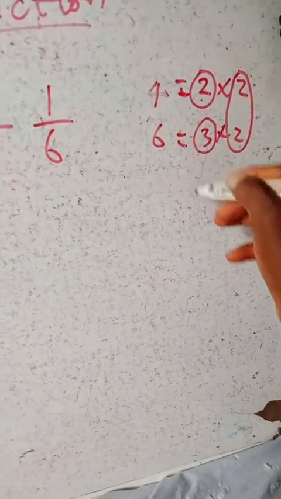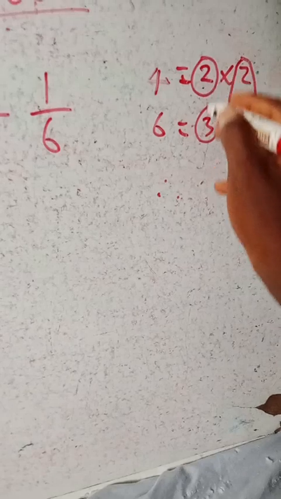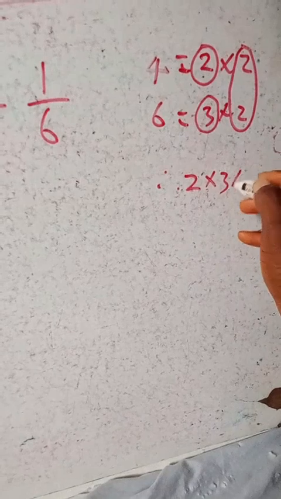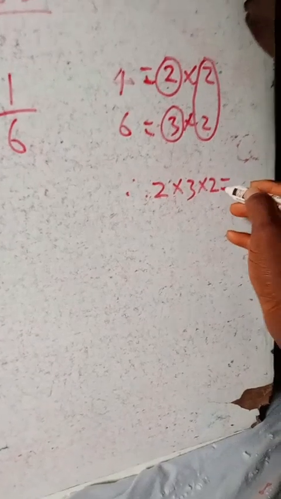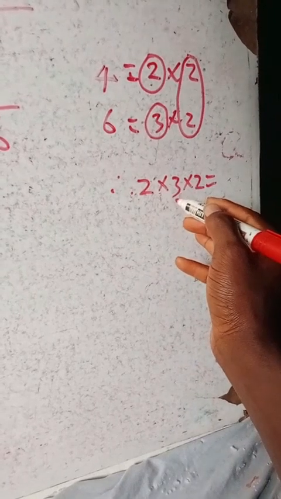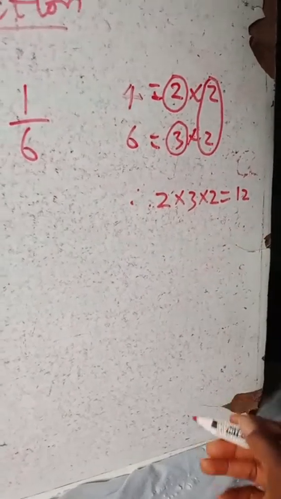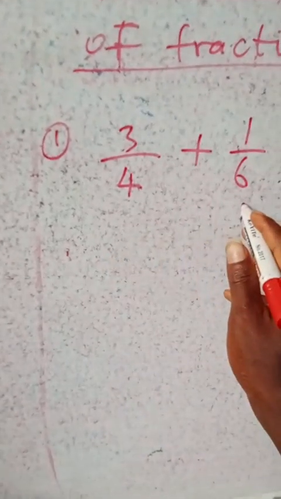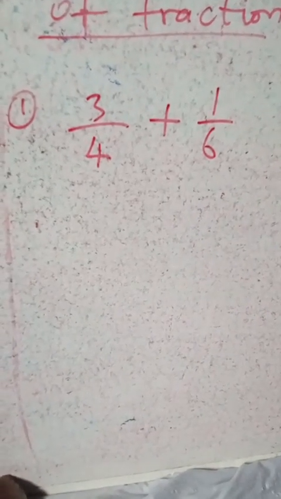This 3 is also not common. So therefore, the LCM will be this one that is not common, the 3, times this one that is not common, 2, times, because this one is common, you take one of it, 2. So 2 times 3 is 6. 6 times 2 is 12. So the LCM is what? 12. So the LCM of 4 and 6 is 12.